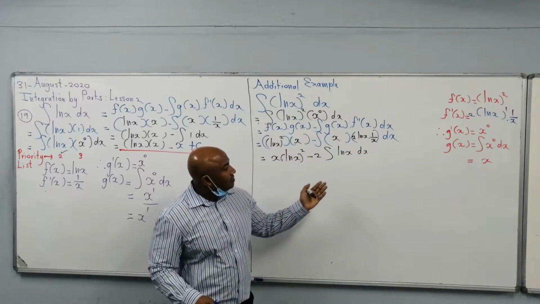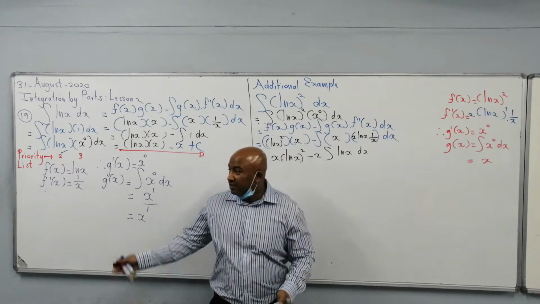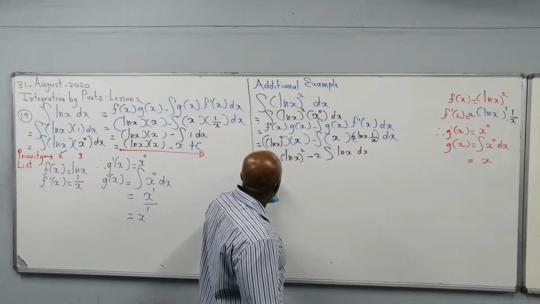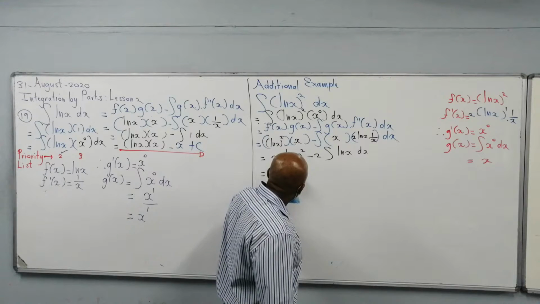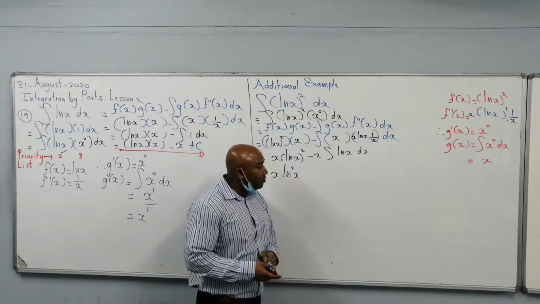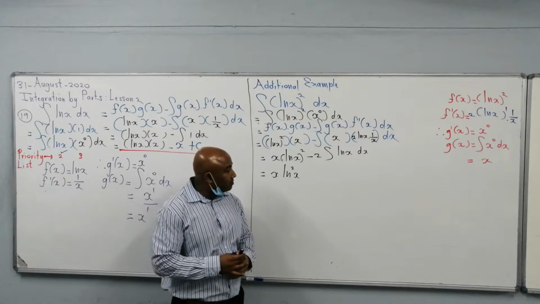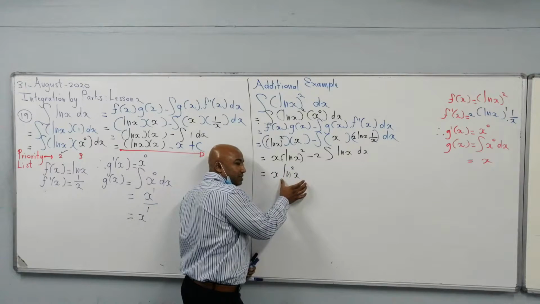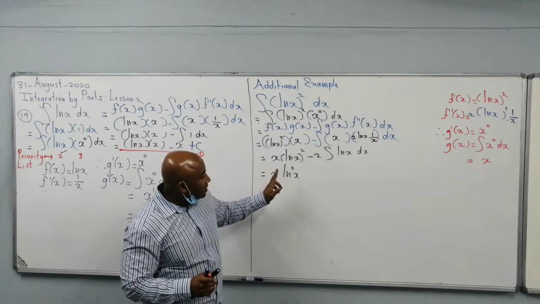And now I'm just integrating ln x. How do I integrate ln x? We just did it here now. And now this is equal to x ln. Now notice I'm not writing ln squared x or ln x all squared with brackets. If I decide to leave out the brackets, then the position of the exponents is very important.